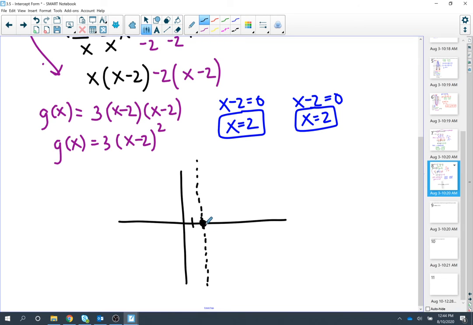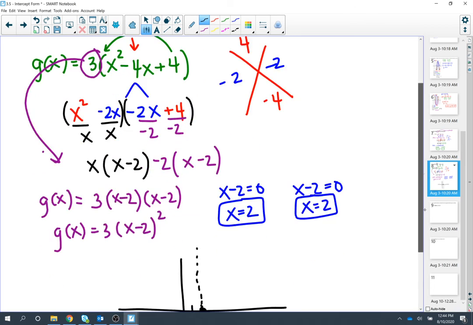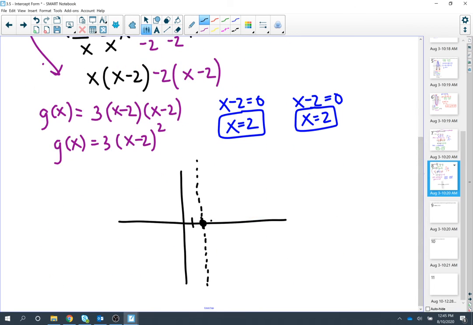The vertex is at 2, 0. So then from there, you would go get your a value, which is 3. You would come out of that point and go over 1, up 3, over 1, up 3, and your graph would look like that. And you would only have one x-intercept because both of the x-intercepts are at the same place.